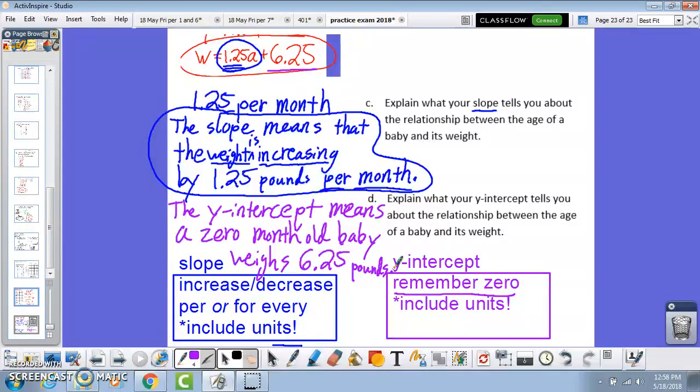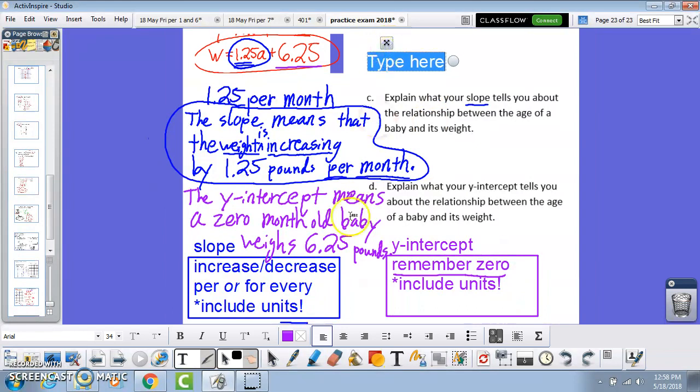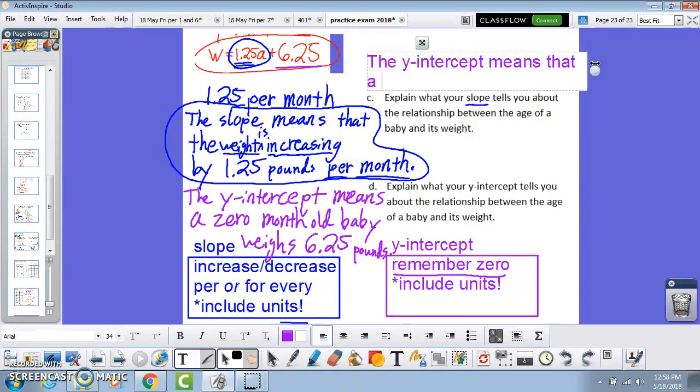But if I wanted to make my answer a tiny bit more sensical, or less mathy, I could maybe just say, oops, I changed the color in the back. I don't want to do that. There you go. The y-intercept means that a 0-month-old baby is a newborn.